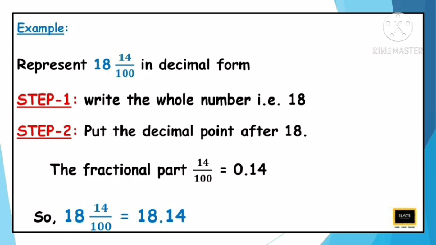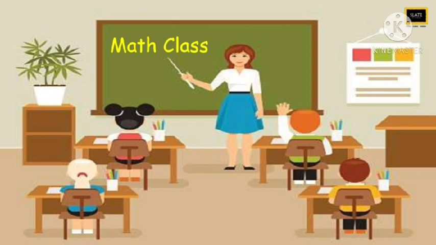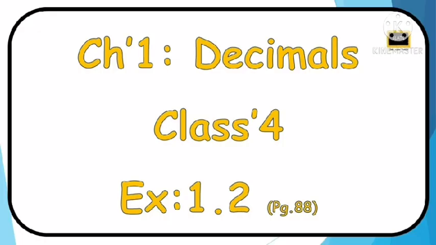So the mixed number 18 and 14 by 100 can be represented in decimal form as 18.14. So Slaters, I hope with this you all understood how to convert a decimal fraction into decimal and vice versa. Now based on this, let us solve exercise 1.2 on page number 88.